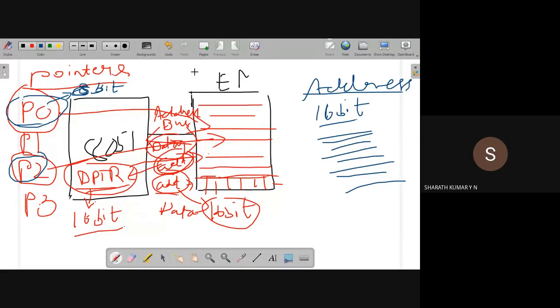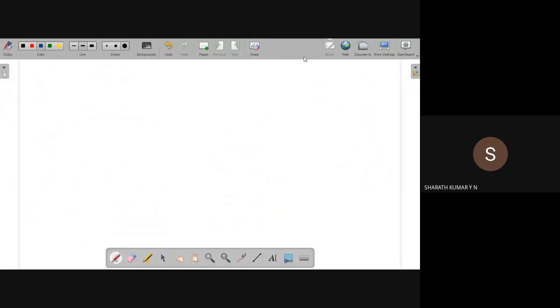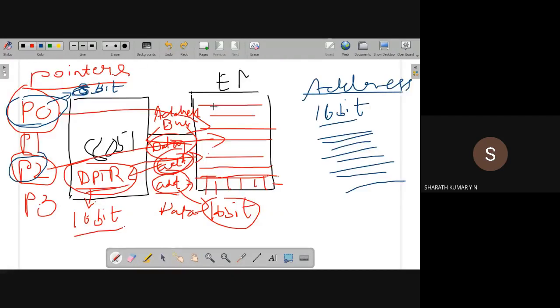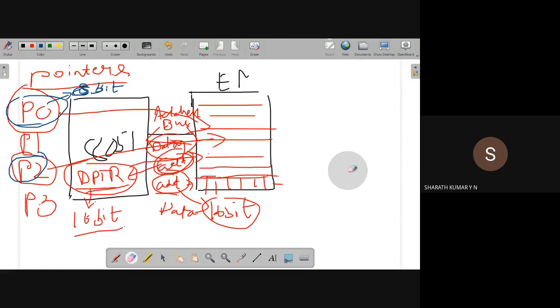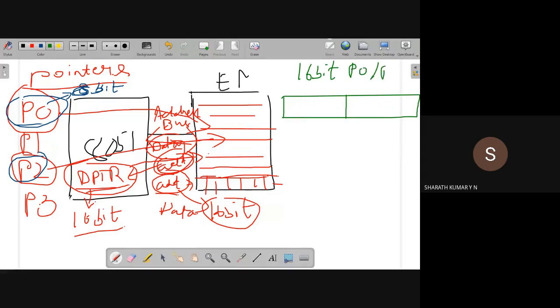Okay, and when we write the address, it is something like this. 16-bit address, which is stored in port 0 as well as port 2.